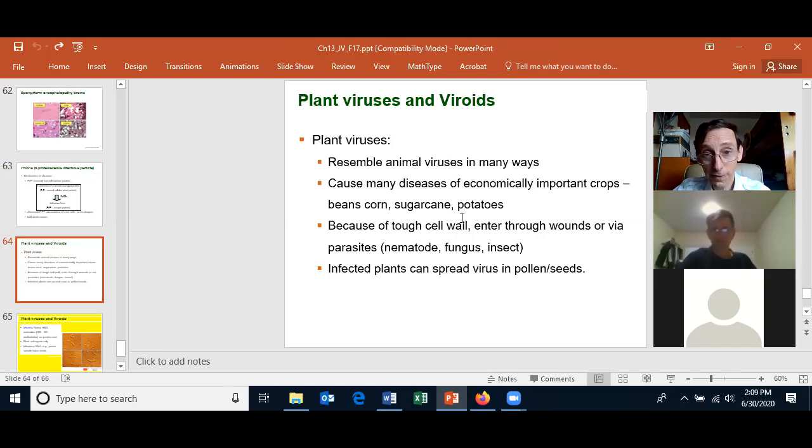Fortunately, there are no viroids known in animals that cause disease, so there are no human viroids that cause human diseases, but there are viroids which cause plant diseases, and the only one I talked about was stunting of potatoes. If the potatoes get infected with a viroid, an infectious RNA molecule, it can cause stunting of the potatoes, and so instead of getting a nice big tuber, you get this stunted tuber.